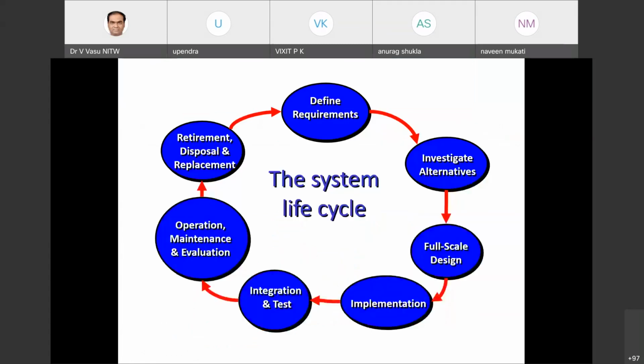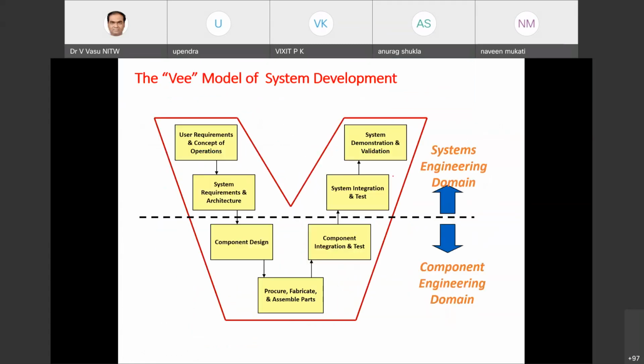In the design of mechatronic systems, mainly the V model is considered. The V model contains the representation of the system integration, the system engineering domain, and the component engineering domain.